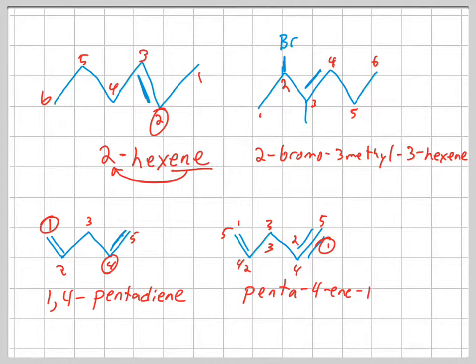And then 1-yne. And I know that is incredibly awkward to say. Penta-4-en-1-yne. And that's really strange, but that's how it works. Oh, well, we'll talk about cyclos in the next one.